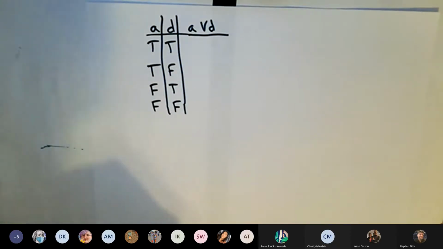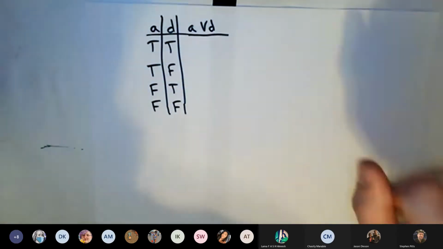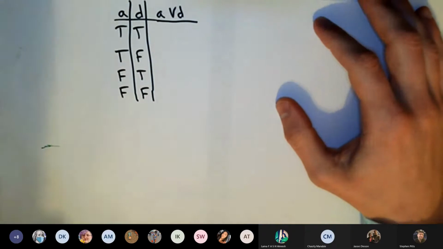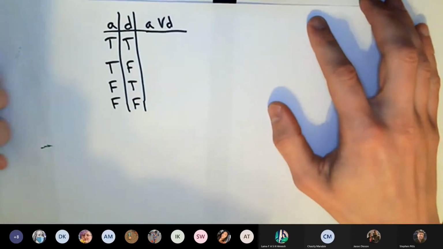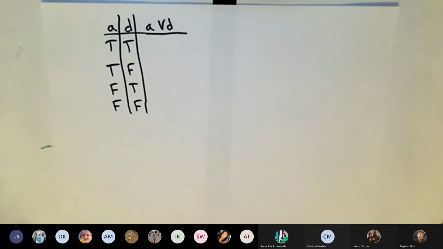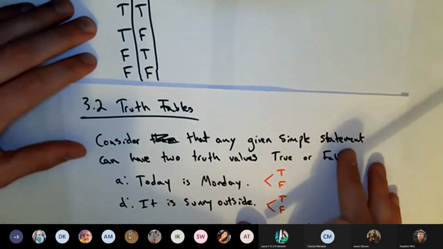All right, or is much less restrictive than and. This one maybe is a little less familiar. Probably most of you are okay with and, but the or maybe gets a little weirder. So if I say, let me get these out so we have them all here.